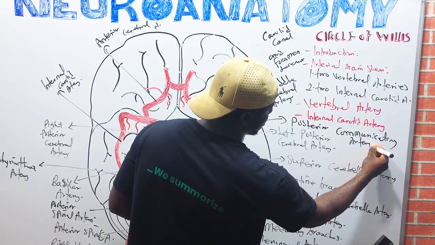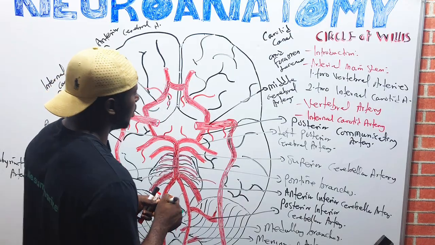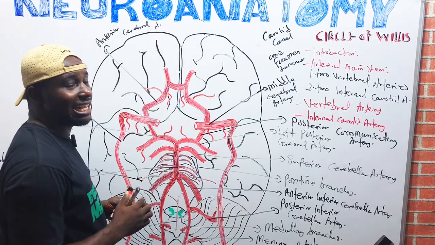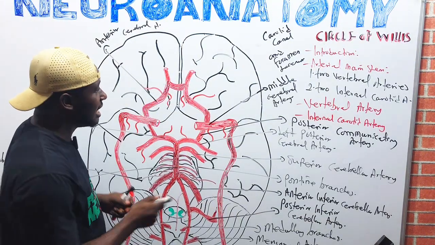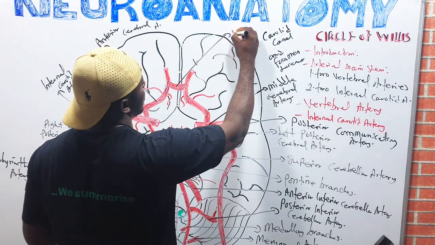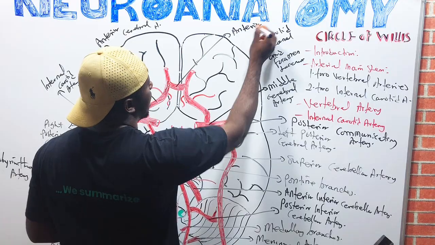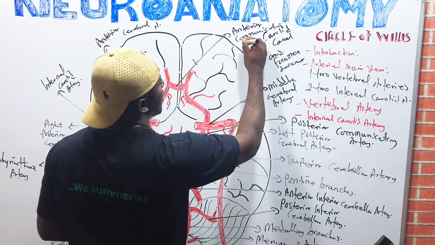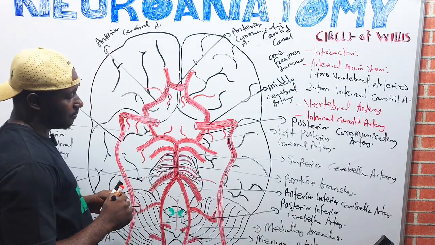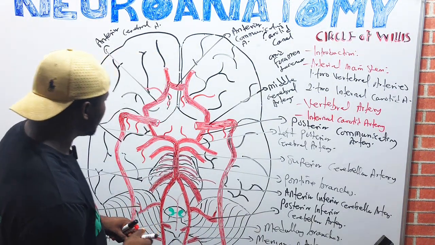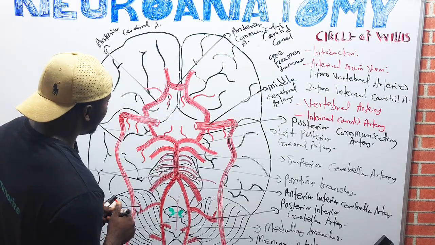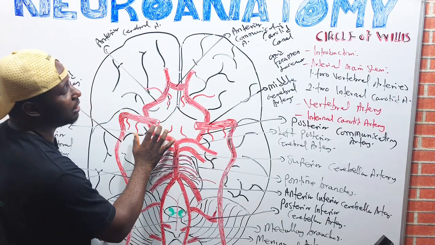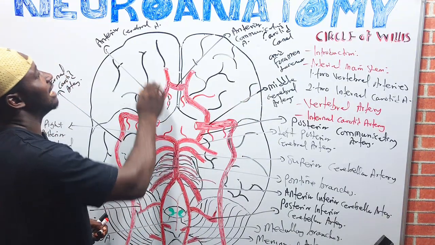The right and left anterior cerebral arteries give rise to the anterior communicating artery, right?